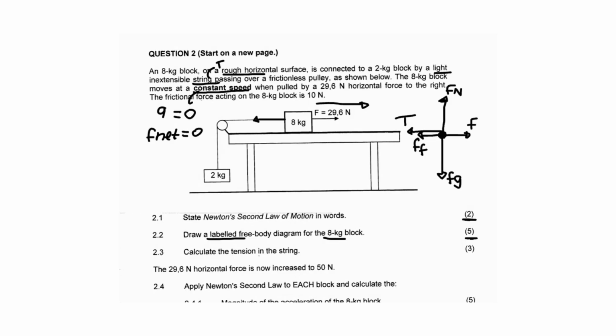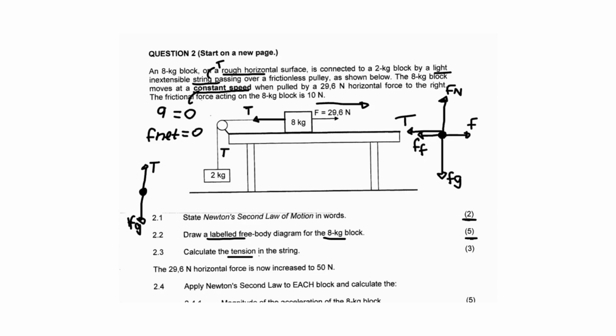Question 2.3, calculate the tension in the string. So we want to find the tension, and the tension that we have there is the same tension there. If we draw the free body diagram for the 2 kg block, the only forces acting there would be Fg and tension, which is always away from the block.